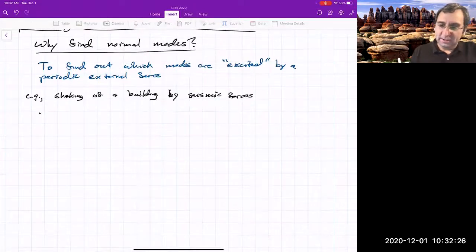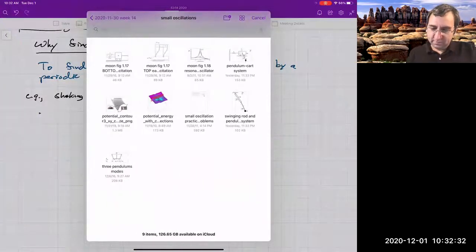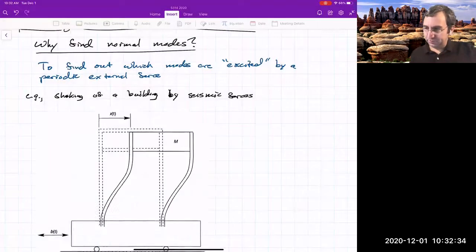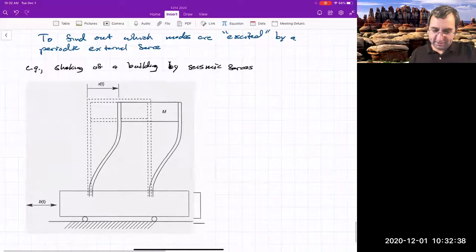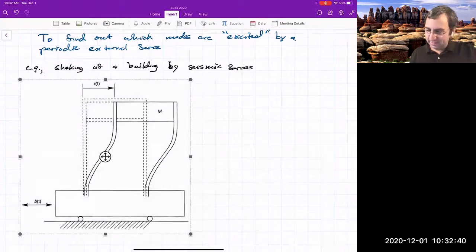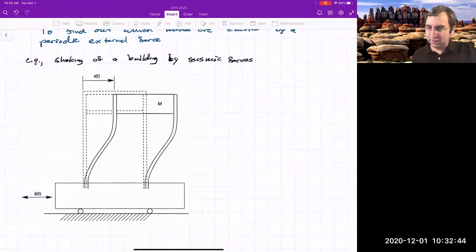Let me show a figure to kind of illustrate this. This is just a pretty bad schematic. It's not so bad. It's a schematic of shaking something. So we're shaking the base down here.